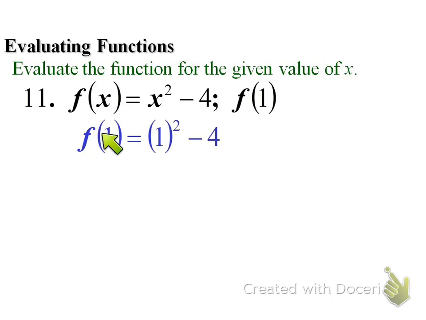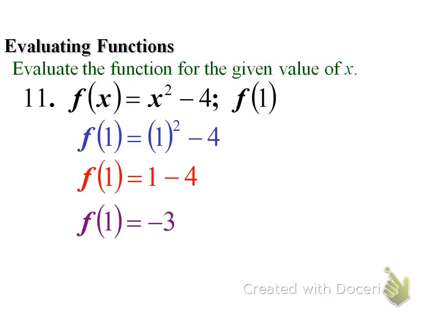This is just for notation purposes. There's no math to be done over here. This is just the function evaluated at 1. You don't have to divide both sides by f or divide both sides by 1. This is just strictly notation. The simplifying you're doing is over here on the right. What is 1 squared, minus 4? Good. So f of 1 equals negative 3.